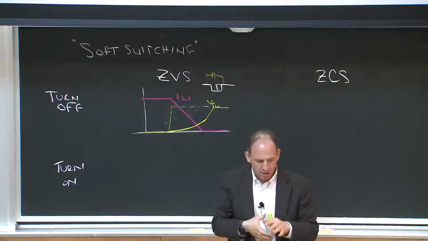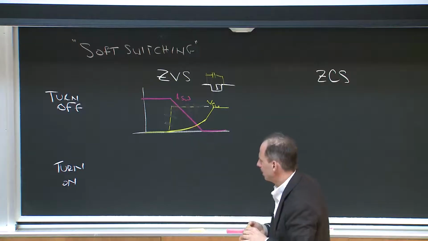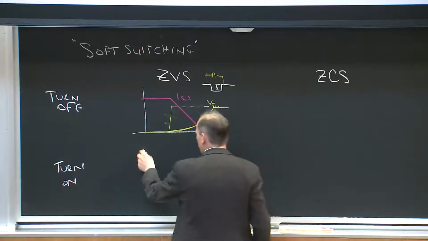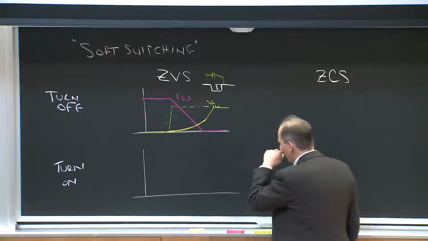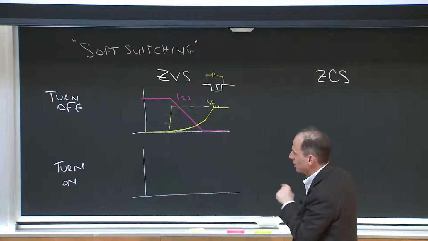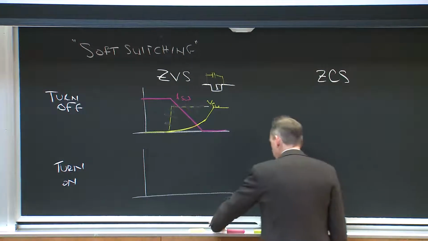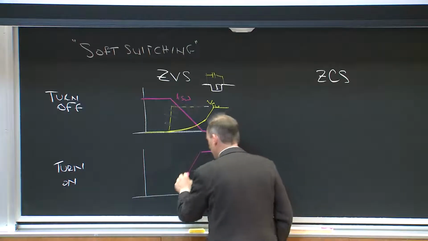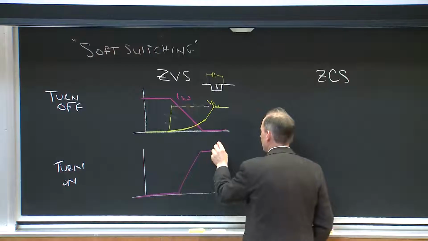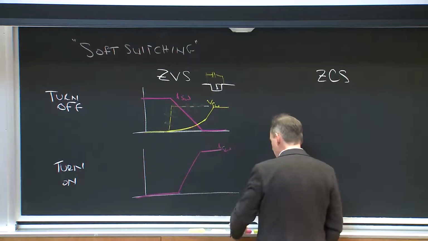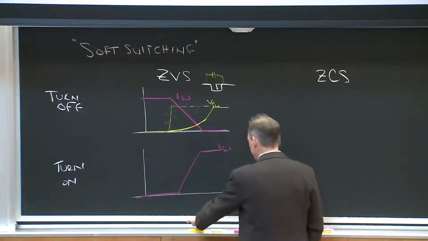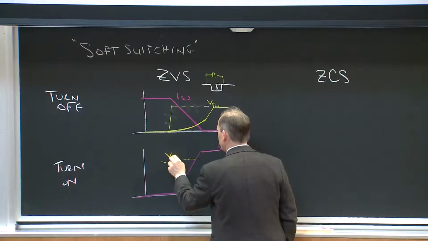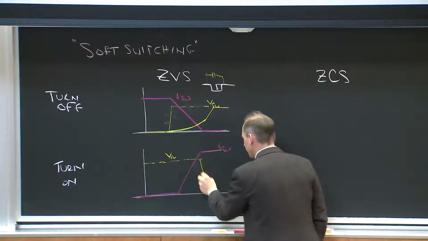What about zero voltage turn on? Okay, what would zero voltage turn on look like? Well, what we expect normally at turn on is that the current in the switch is going to rise at the turn on transition, right? And usually, after the current rises, the switch voltage falls, right?